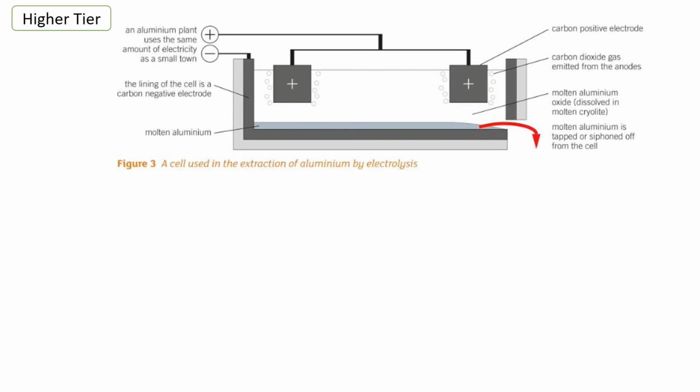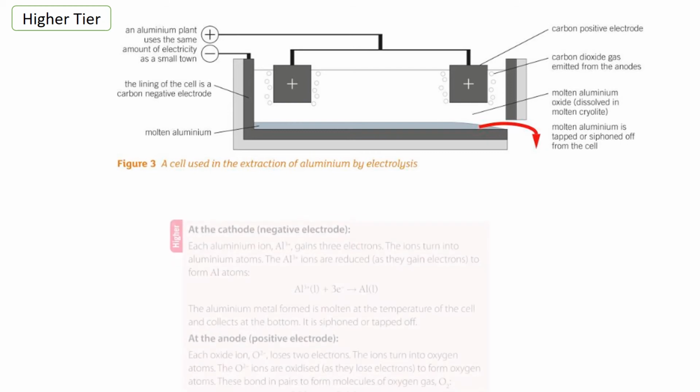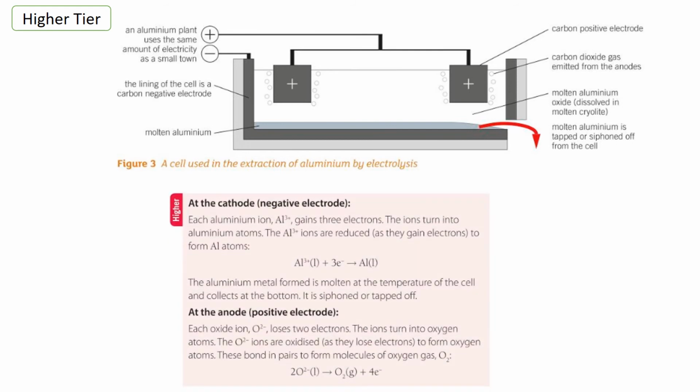Okay, because we've got carbon dioxide gas being released there. So what's happening in this diagram, and you are expected to be able to label the diagram and explain what's happening at each of the electrodes.